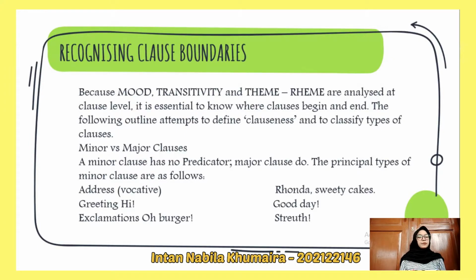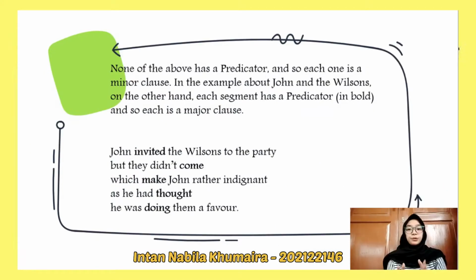Minor versus major clauses. A minor clause has no predicator. Major clauses do. The principal types of minor clause are as follows: address, vocative, such as Ronda, sweetie cakes; greeting, such as hi, good day; exclamation, such as oh burger. None of the above has a predicator, and so each one is a minor clause.